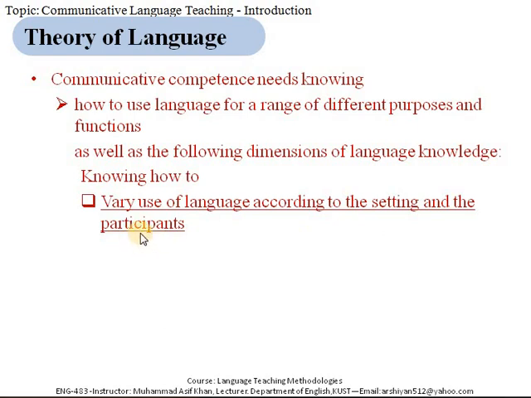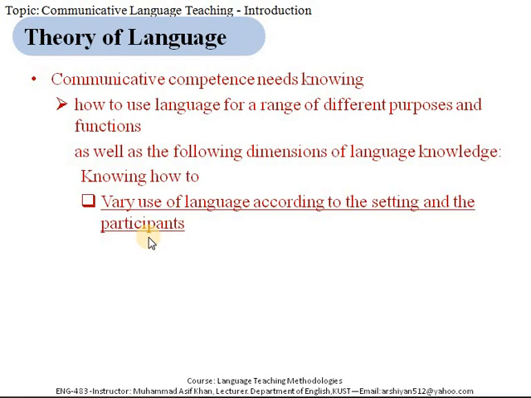That is very important, and the communicator should know when to use formal language or informal speech. That will be decided by the setting in which you are present, or the participant with whom you are communicating.